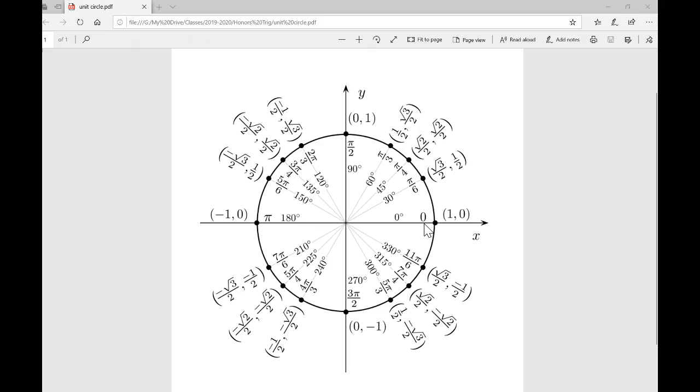Basically, I'm just going to worry about the quadrantal values. We call them quadrantal because these are the places where the unit circle is on a quadrant. So I'm going to use the points 0, 0; pi over 2, 1; pi, 0; 3 pi over 2, negative 1; and then 2 pi, 0. I'll write those down now.